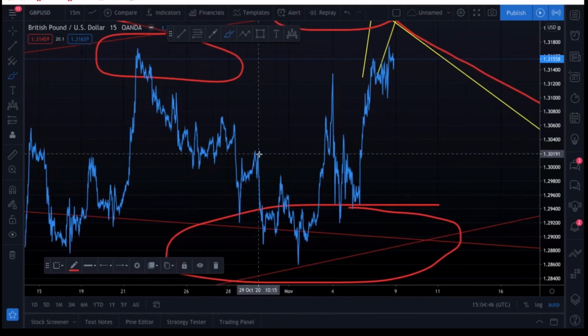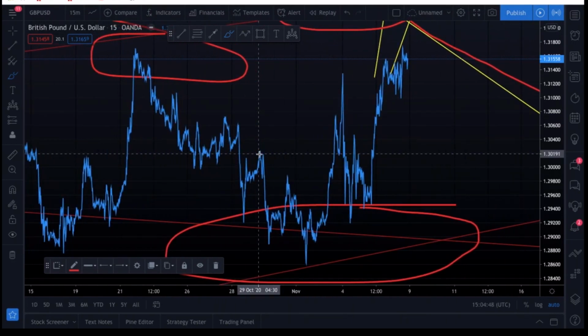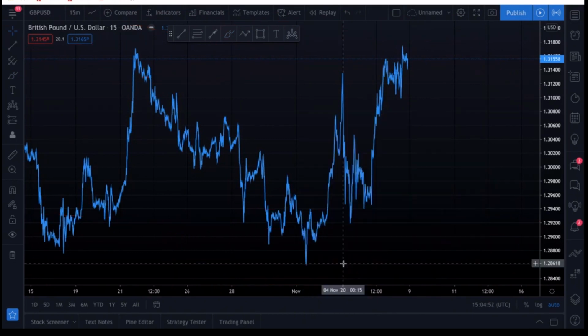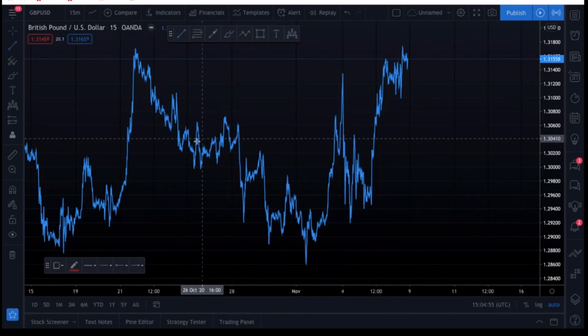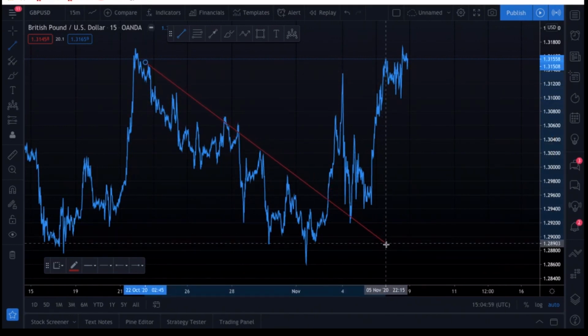Here also we'll repeat the same process, drawing trend lines. Let me remove all these. Select the tool. And we'll draw one over here.